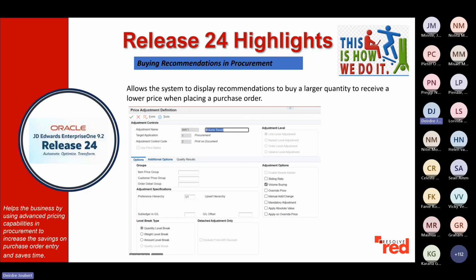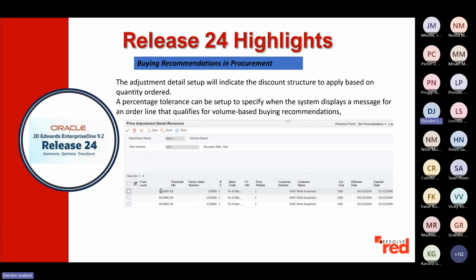Those that are familiar with advanced pricing, you'll set up an adjustment definition, ensure that it is set up as, obviously, procurement, volume buying, and then your correct level break, which can be quantity, weight, or amount. In this case, for example, I'm using the quantity level break. This is the adjustment definition that I set up to make it work.